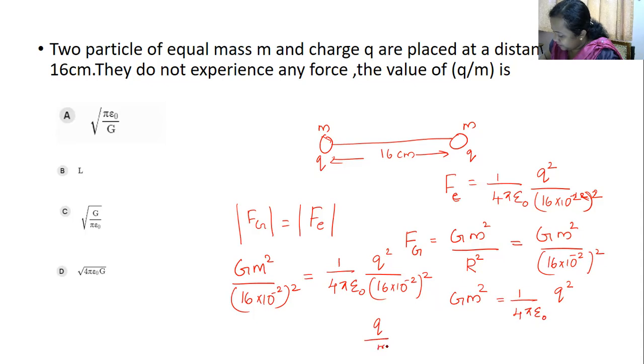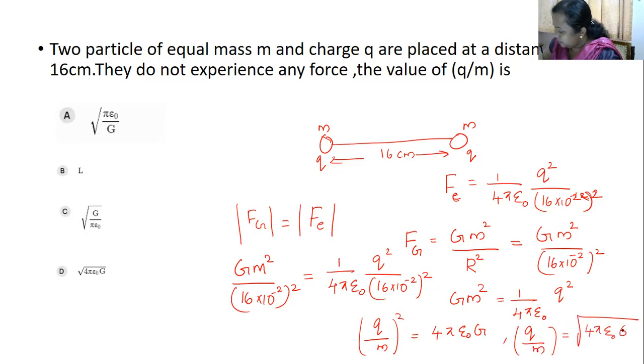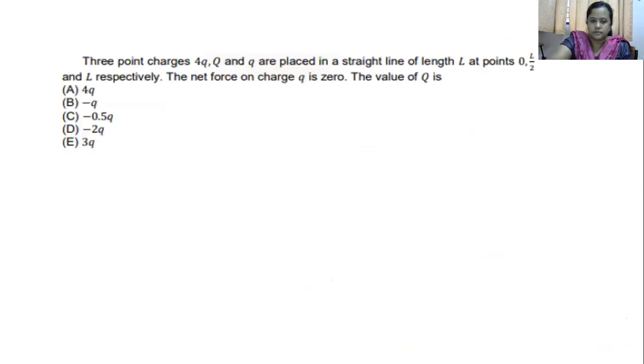Therefore, (q by m) square is equal to 4 pi epsilon 0 into G. So therefore, we are getting that q by m is equal to square root of 4 pi epsilon 0 G. So the correct answer is option B. So now we will move on to the next question.